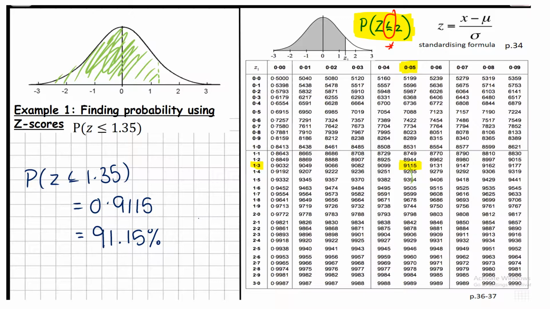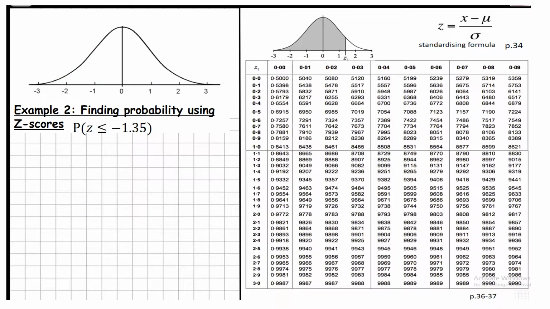So I know that 91.15% of observations lie below 1.35 standard deviations above the mean. This time we're only talking above the mean because that Z is positive. Okay, so let's take a look at our next example.